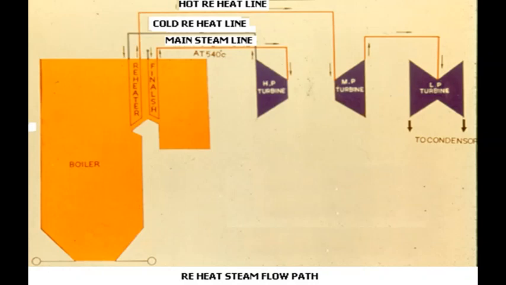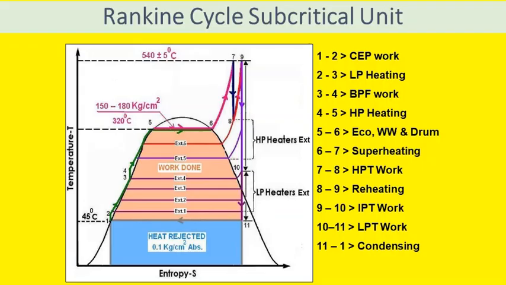So, reheating is another additional arrangement for large utility boiler to enhance the cycle efficiency and to get back more work output from the steam.